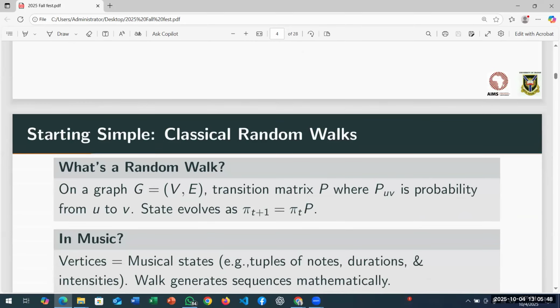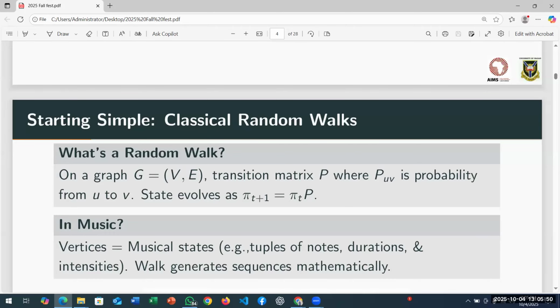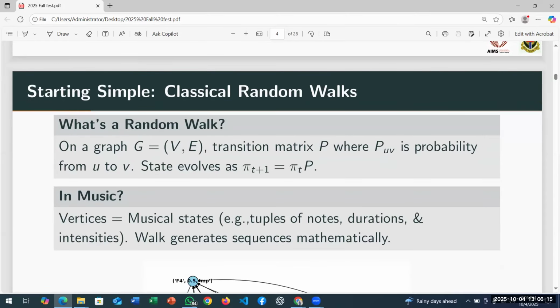Now, going to the work per se, the first thing that was done is classical random walks. Classical random walks have their background in graph theory, in mathematics. A graph is a set of vertices and edges, and each graph stands for a transition matrix, which is composed of different transition probabilities.